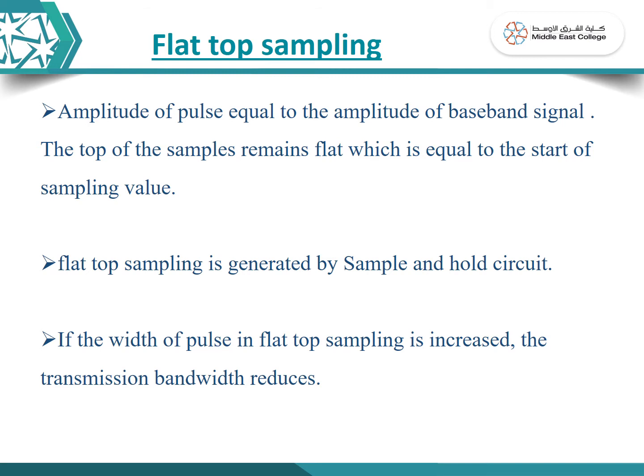Normally, flat top sampling is generated by a sample and hold circuit. Now, the width of the pulse in flat top sampling is increased. Normally, the transmission bandwidth will reduce. So now we will see how the flat top sampling is generated.